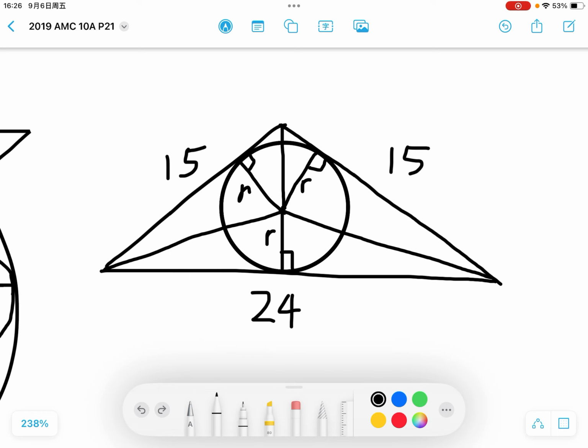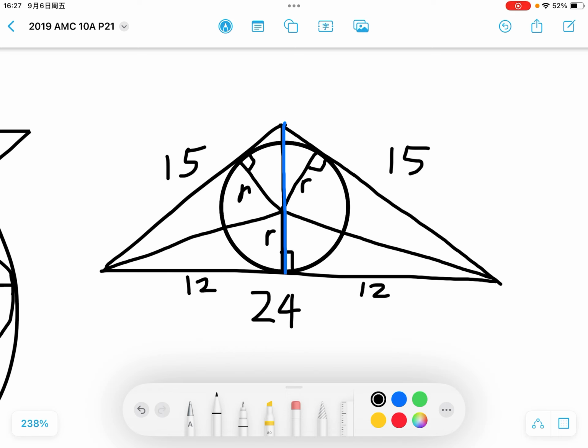Being in an isosceles triangle gives you an advantage: as long as I know that this line is the angle bisector, and this part is the altitude, then in an isosceles triangle the angle bisector and altitude are on the same line, and also the median. So this is one line because it contains the altitude, angle bisector, and median. This also means that this is 12 and this is 12.